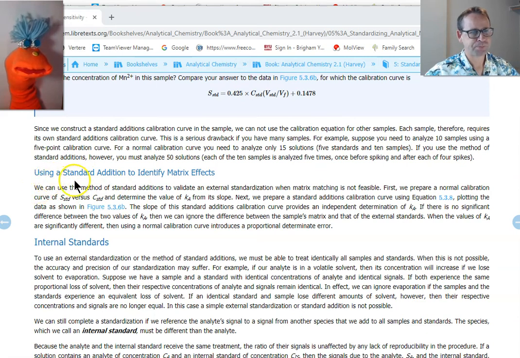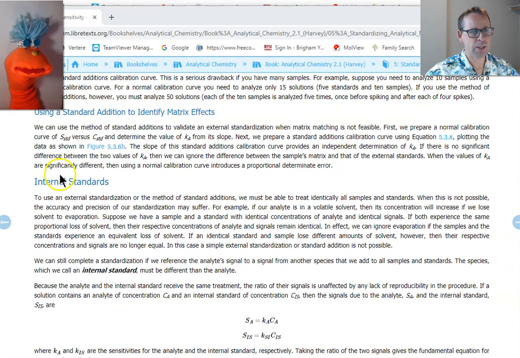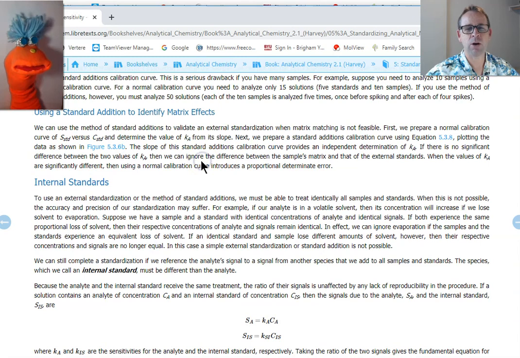It's also a good way to use standard addition to identify what we call matrix effects. Matrix effects are anything in the solution that's not your analyte that changes the way your analyte creates a signal.